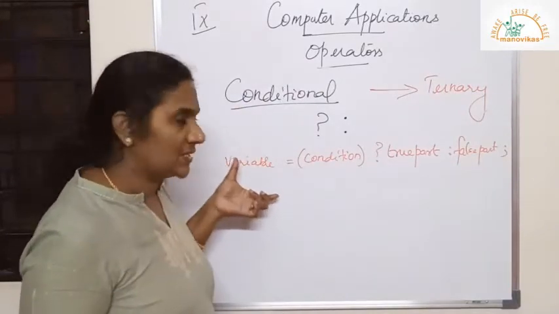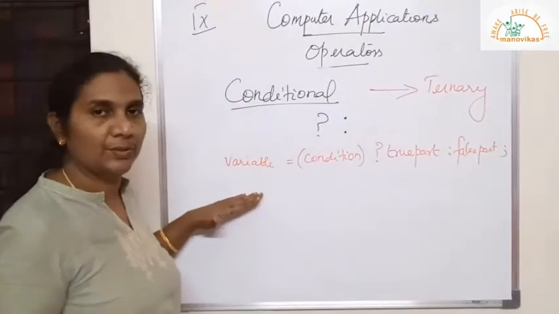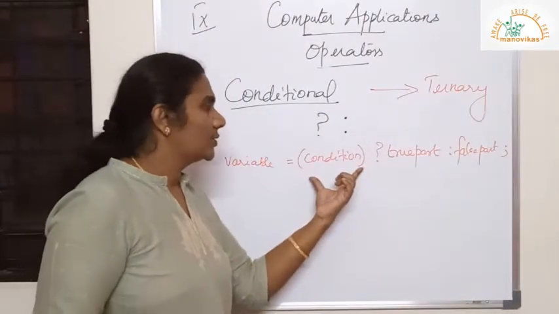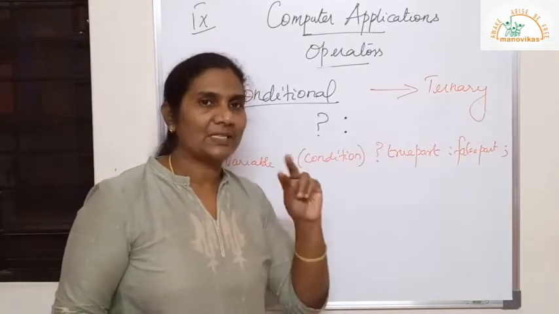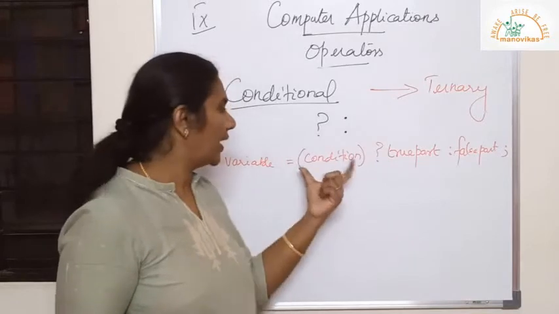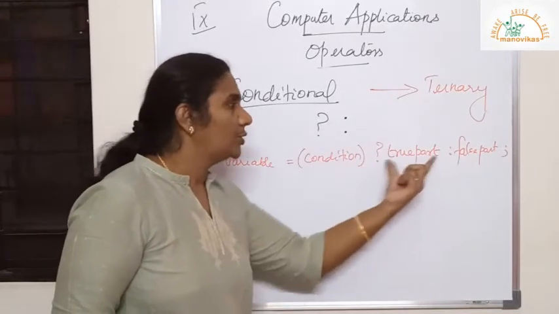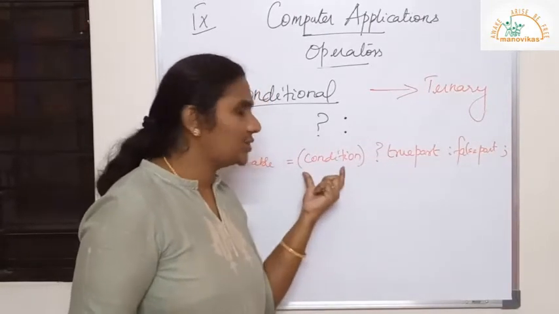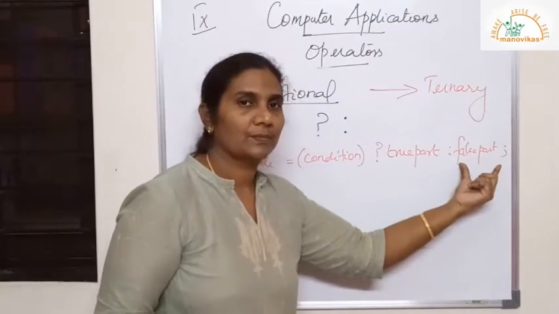The meaning of this statement is that the result of this side will be assigned to this variable, which everyone knows. I'll explain this part. Now there is a condition. The condition will give you the result as true or false. So check the condition. If the condition is true, do this part of the code or statement, and if the condition is false, do this part of the statement.